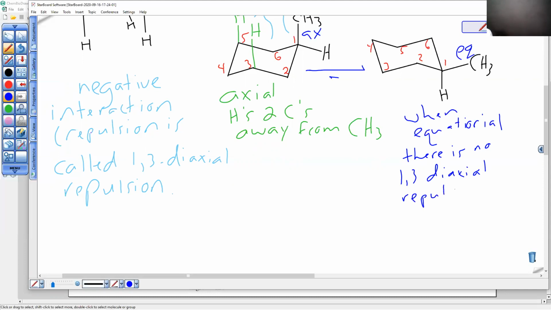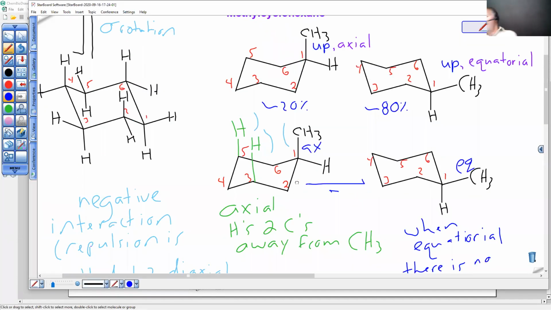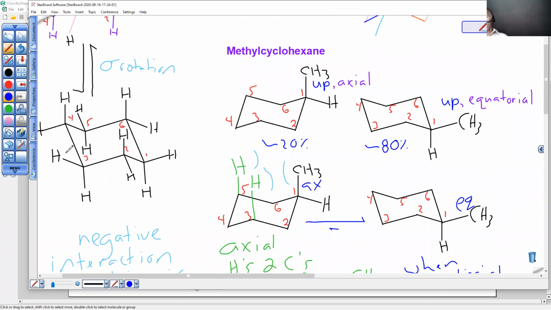If you strategically place it in the correct portion of your exam, you get 2 points just for saying 1,3-diaxial repulsion. And remember, it's the big group you care about. Please don't ever say there's no 1,3-diaxial repulsion. In normal cyclohexane, there's a diaxial repulsion between these two H's.